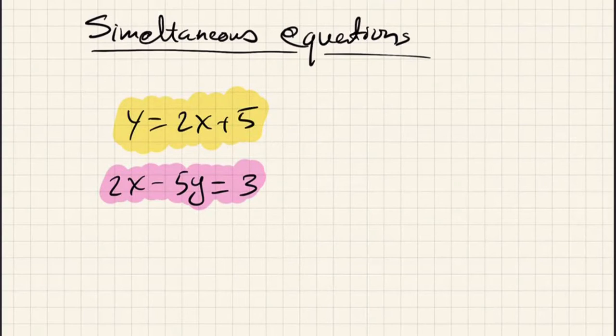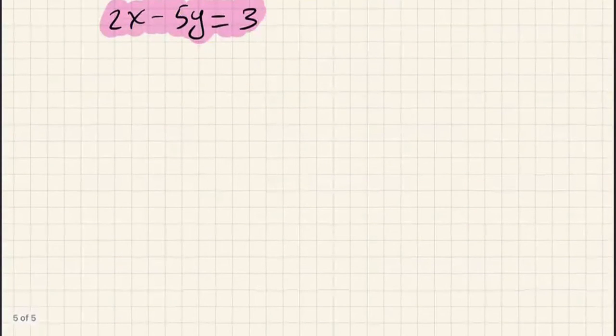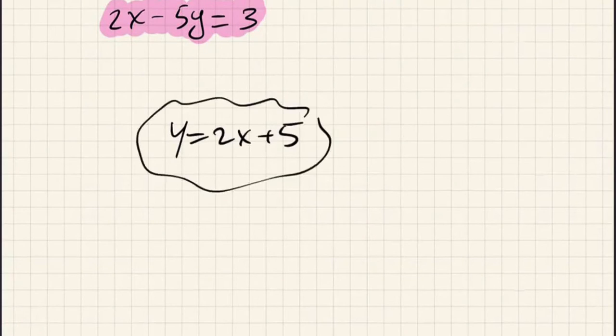But I know that this is a straight line. So what is simultaneous? Simultaneous means happening at the same time. What is a straight line in general? A straight line is a pack of points. Let's talk about y equals 2x plus 5. What does it mean that this is a straight line? It means that all its points satisfy the equation: if you know the x of a point, you can get the y directly by calculating this value.